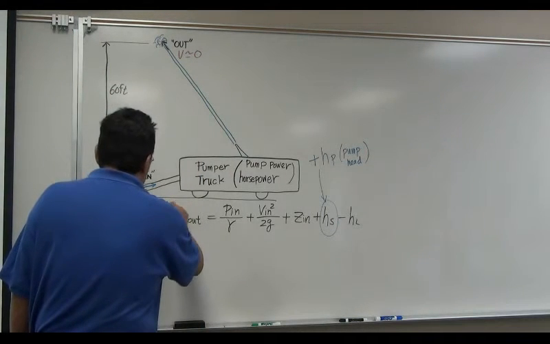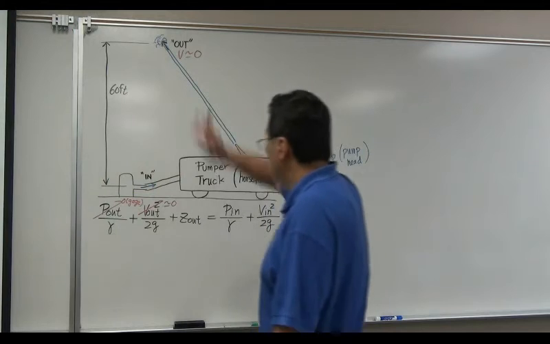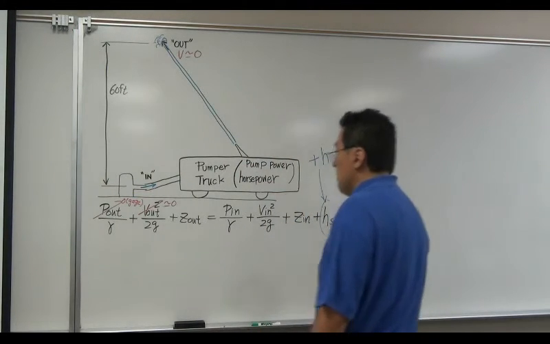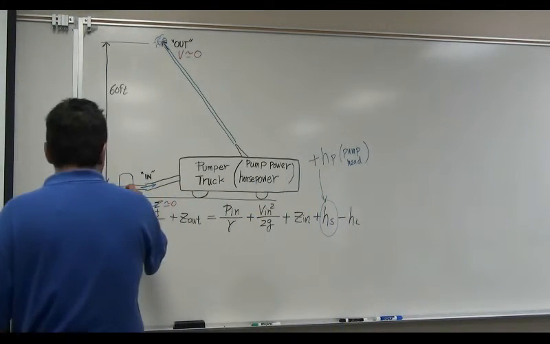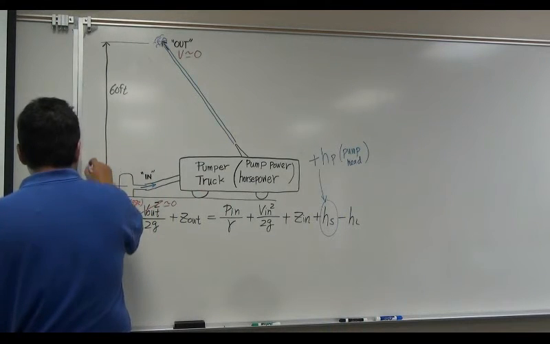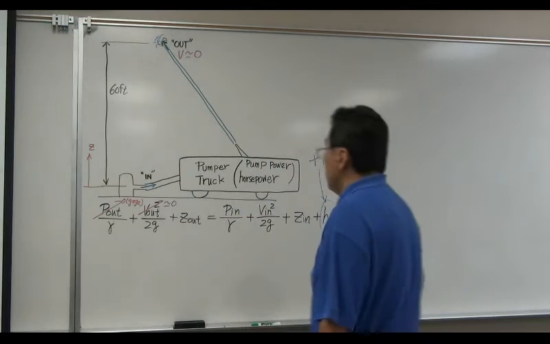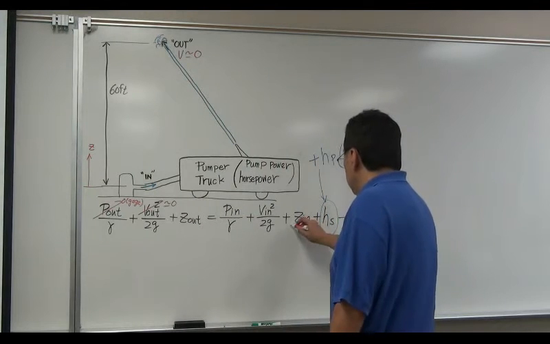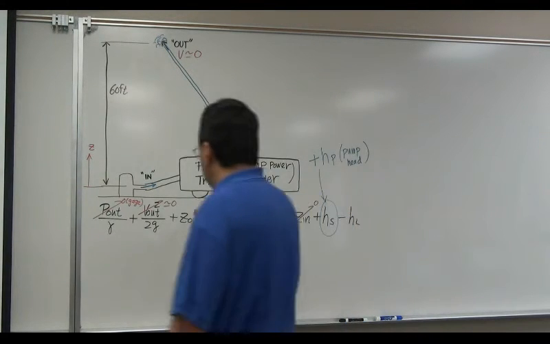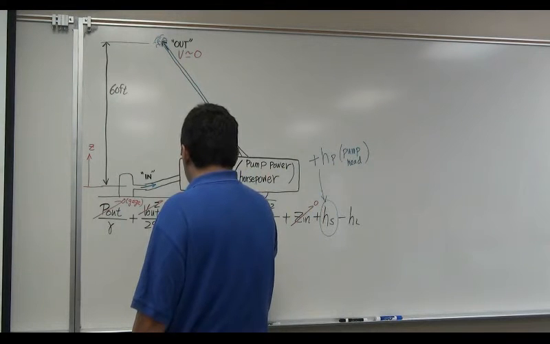So V out is approximately zero. You're losing all the velocity at that height. Z out, let's measure Z from here, upward positive, this is elevation. If you do that, Z in is 0, and Z out is of course 60 feet. Right?